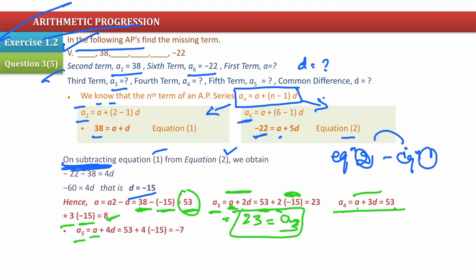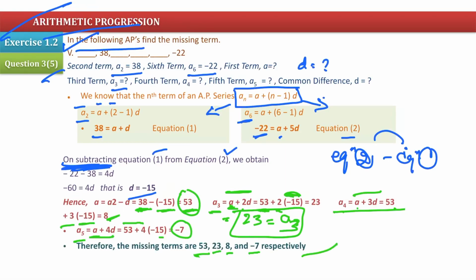And A5 means A plus 4D, that is 53 plus 4 into minus 15, it becomes minus 7. So 53, 23, 8 and minus 7 respectively are the answers for the terms missing in the question.